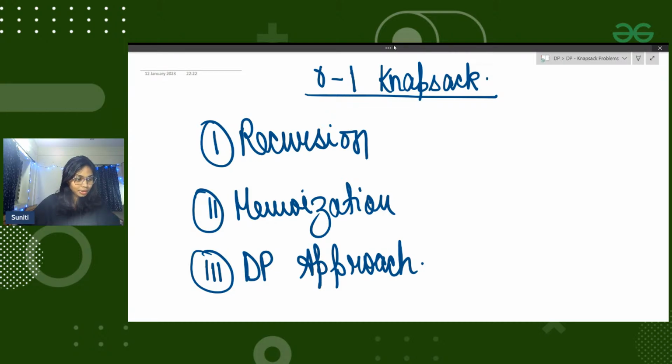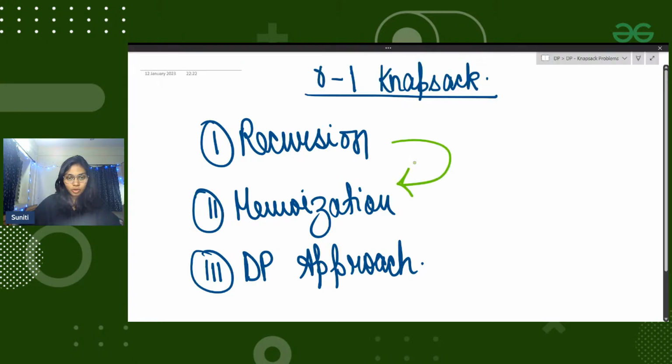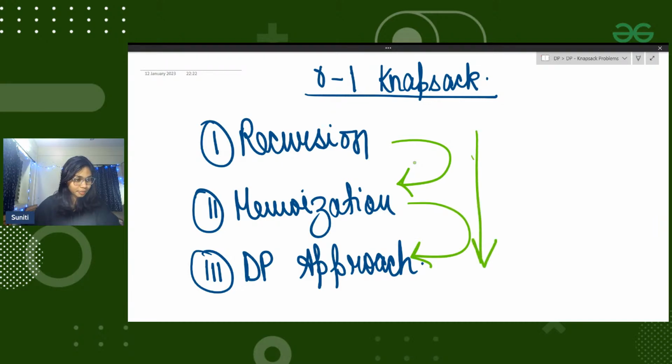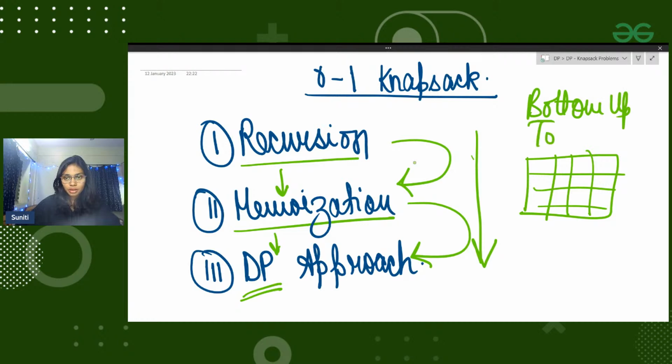Yes, sure, Vishal, I'll be doing that. First of all, recursion, then memoization, and then DP approach. Okay, that is how the algorithm flows, right? Clear to you all? Recursion will lead to memoization, and then with the memoization, if you will directly start doing this DP approach, right? Like in DP approach, we have bottom up or top down, okay? We have this bottom up and top down.